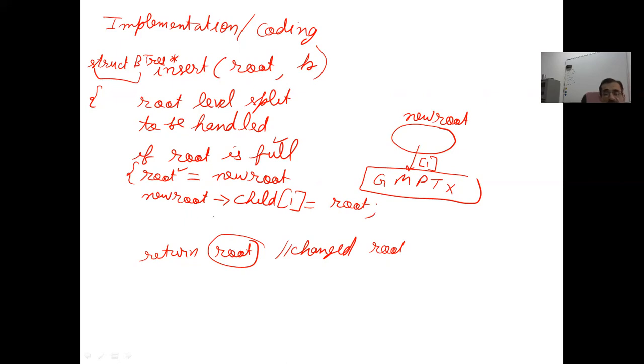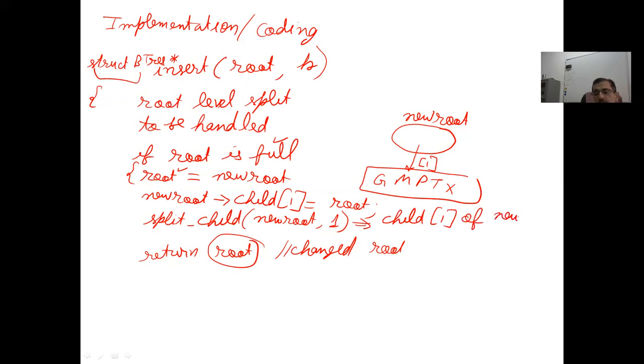Why am I doing this? After this, I am going to call a simple function which I call split child, on the new root, and which child? Child number 1. So this means child 1 of the new root is to be split.